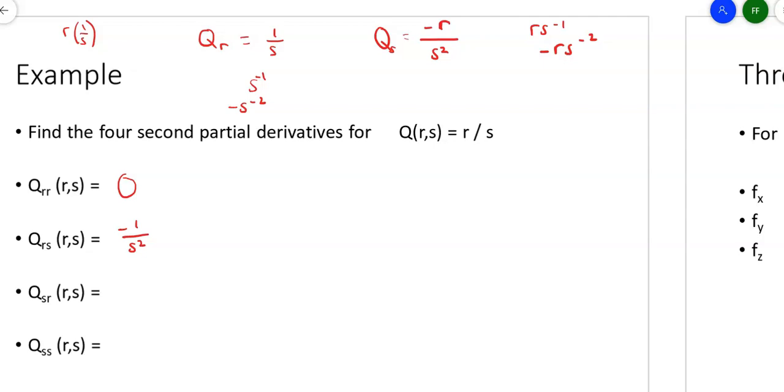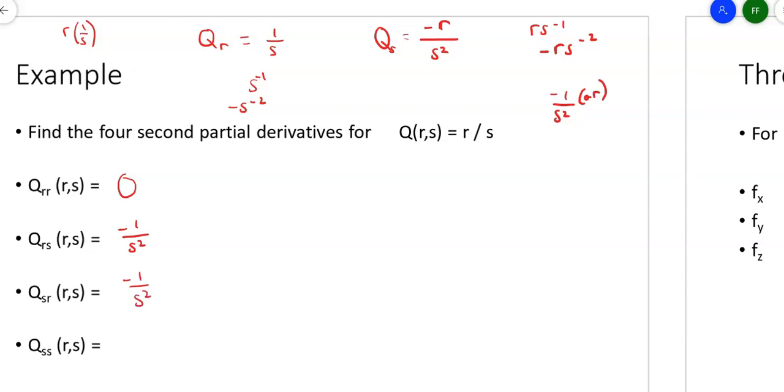Well, isn't negative r over s squared the same thing as 1 over s squared times negative r? What's the derivative of this thing with respect to r? It's just the coefficient. So actually I should tack the negative sign over here instead of over there. And now the coefficient is just negative 1 over s squared, which is not surprising because we were told that the two terms in the middle are going to be the same.